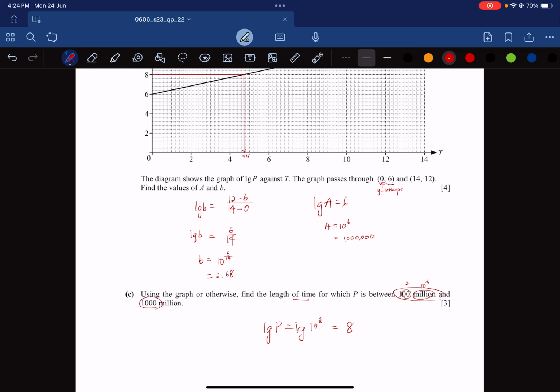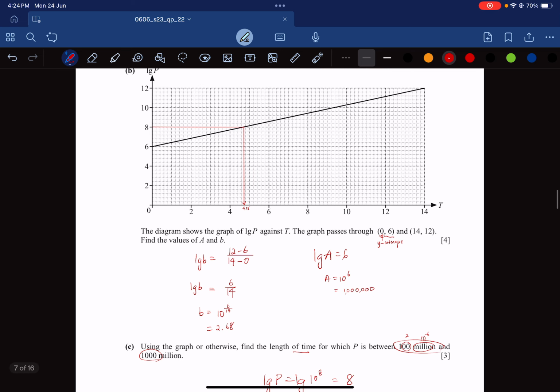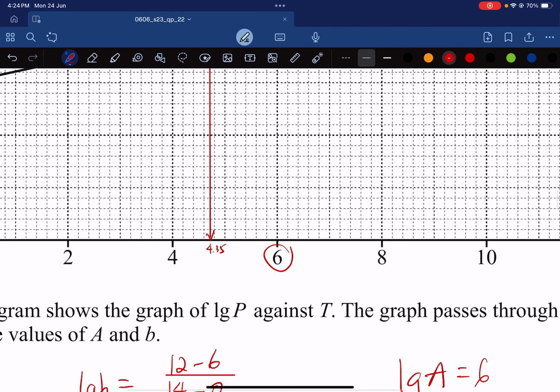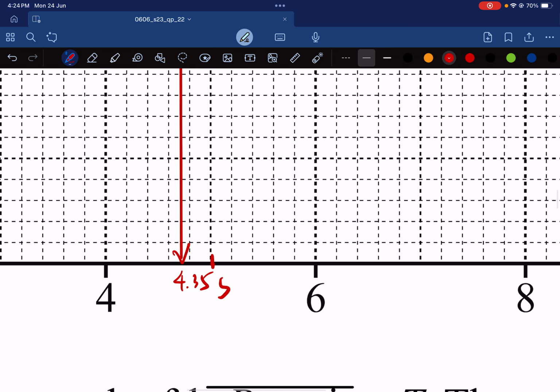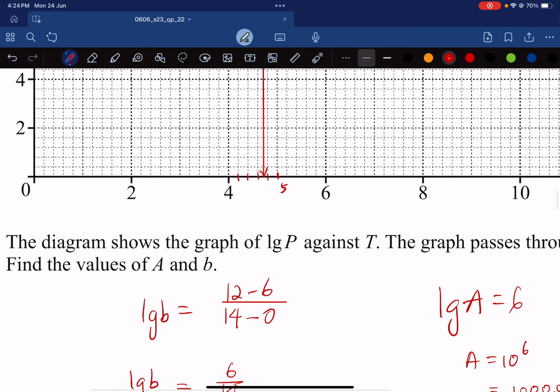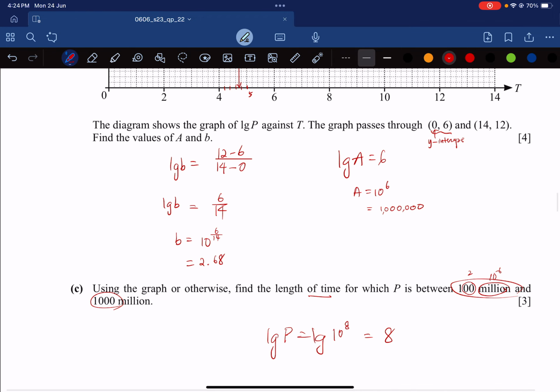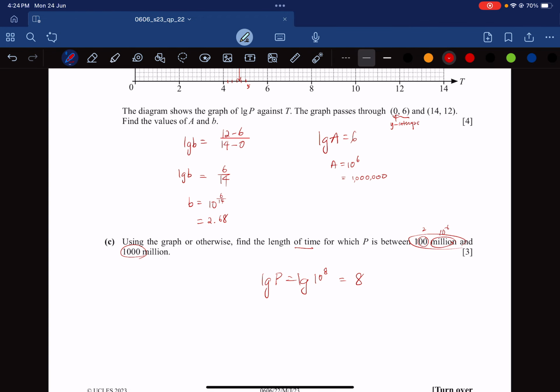Oh no, it's not 4.35, is it? This is 6, not 5. 6, then this is 5, right? Middle is 5. Then 4.2, 4.4, 4.6, 4.8, 4.7, right? 4.7. Okay, so 4.7, it's between 100 million to 1000 million.